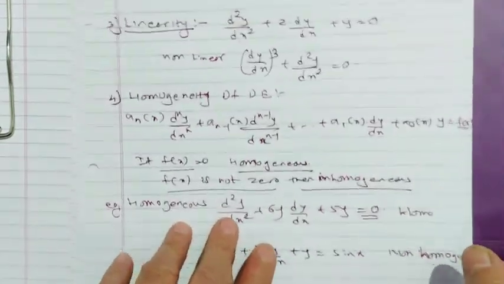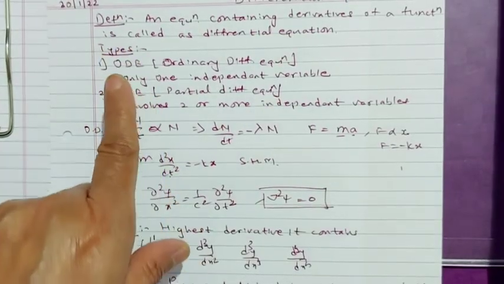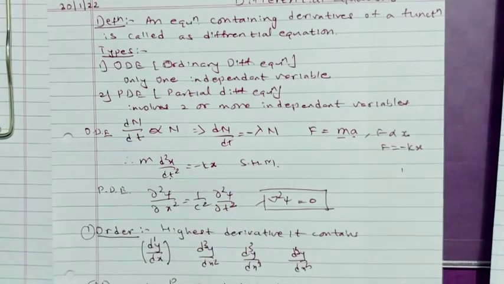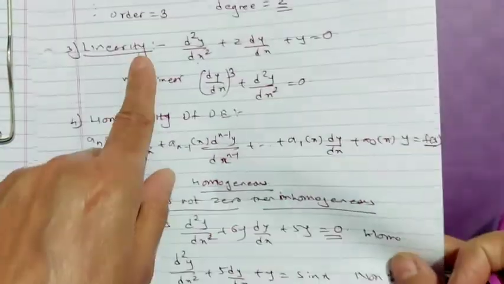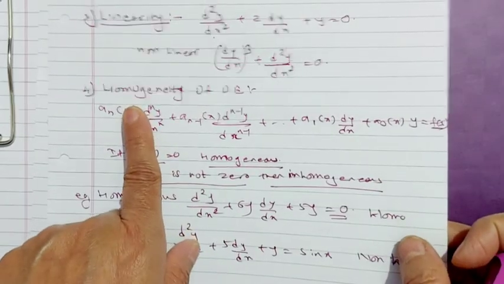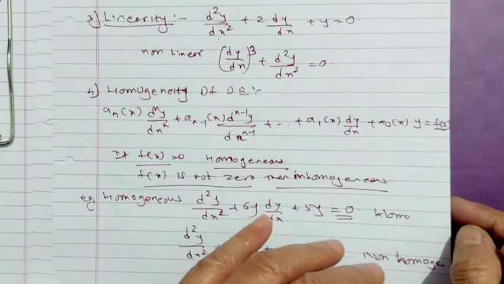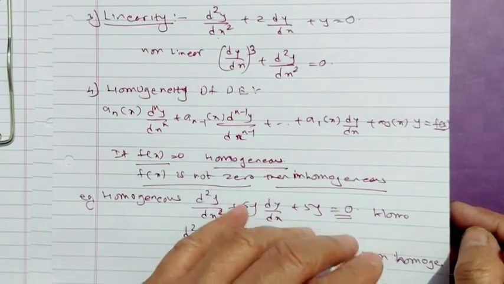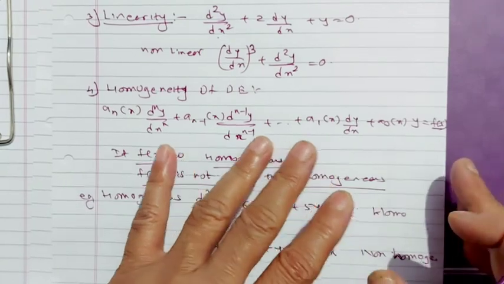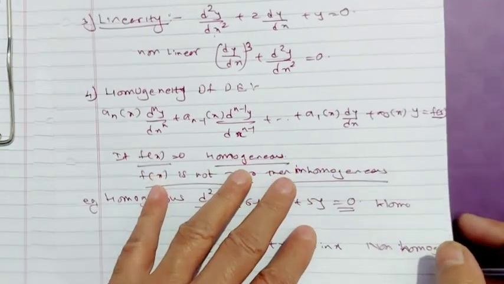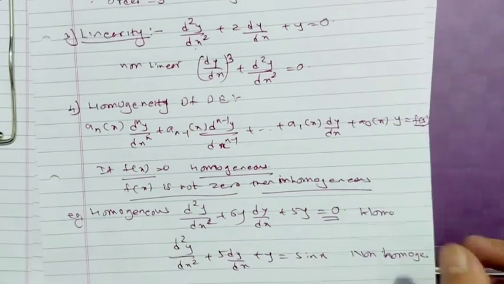In today's lecture, we have discussed the definition of differential equation, types of differential equation, and the four things: order, degree, linearity, and homogeneity. After knowing these four things, we will take at least 2 to 3 problems and then go to the concept of singularity, which will be another 30 minute lecture. I will be able to complete this chapter 100%. Thank you very much.